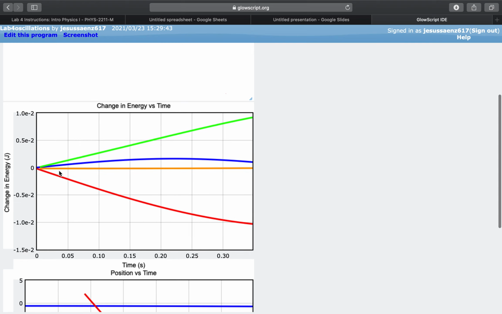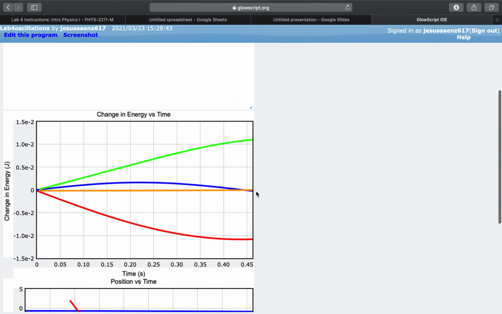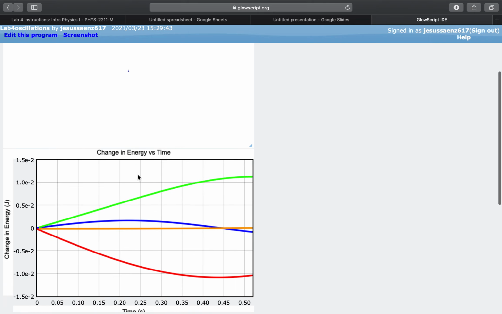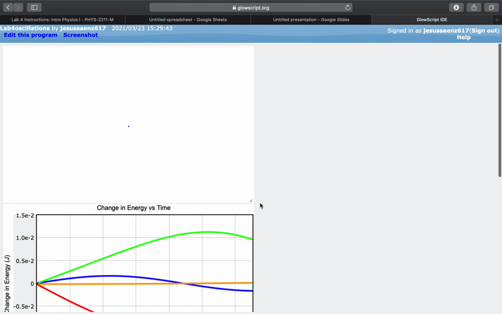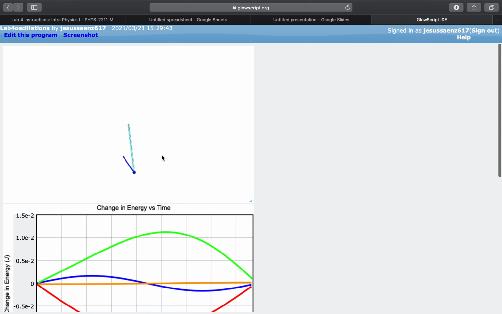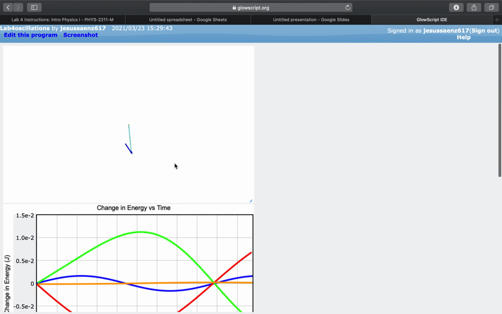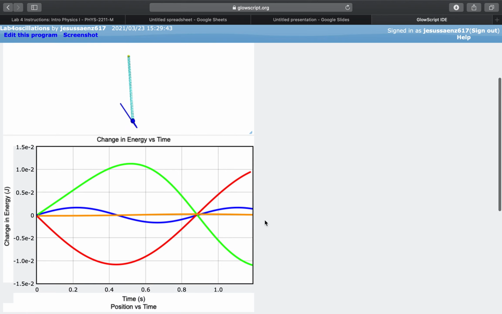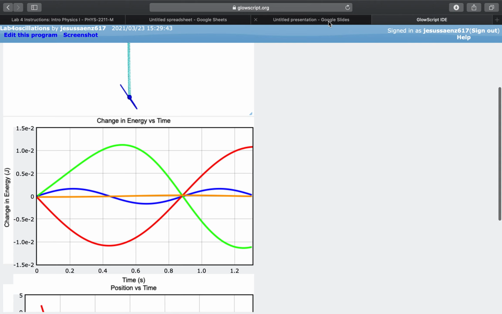And if you notice here, the energy is always constant, and this is very important. Just notice that the energy is constant throughout. It's a straight line. And here we have the system itself. If we zoom in a little bit, it is a little bit scuffed for some reason, but the important thing to keep in mind is that the energy is constant throughout the system.